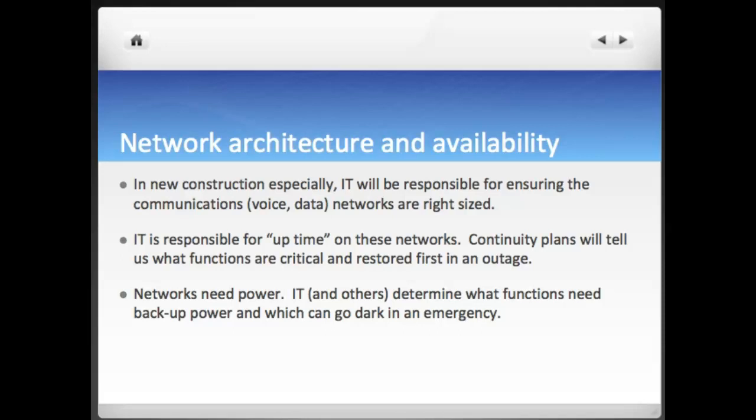Okay, they're also responsible for the uptime on those networks. So networks go down, right? They're like anything else. Wires break. I've seen networks break outside of data centers because someone with a backhoe just happened to hit the wrong spot and hit a major cable, right? The uptime on those networks and what comes back online first is really something that the continuity plan of IT determines.